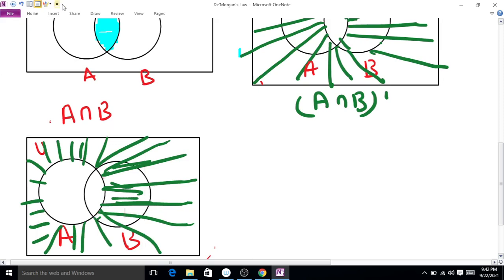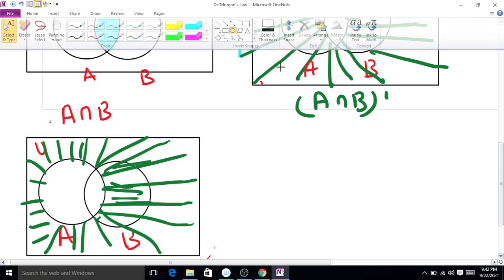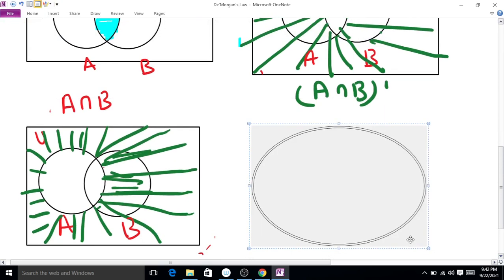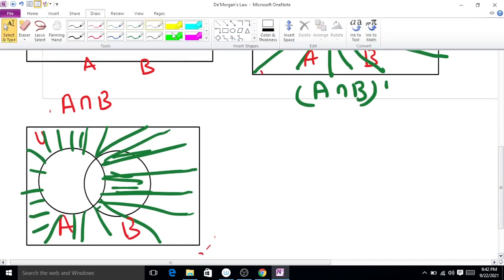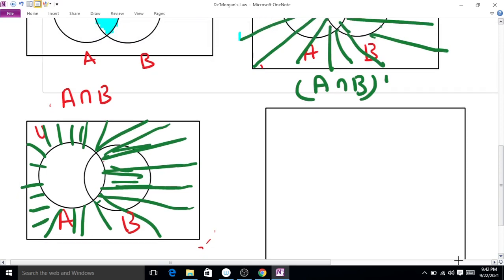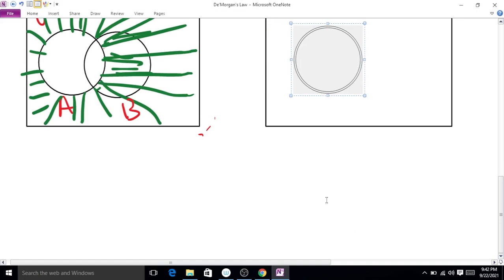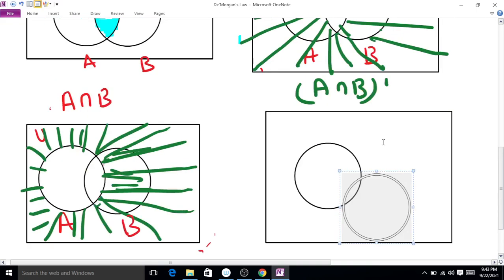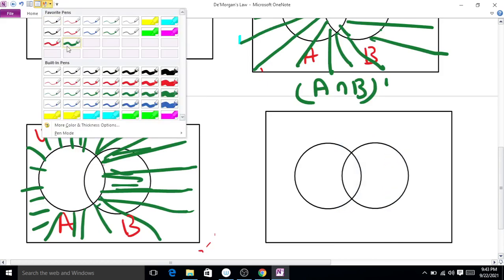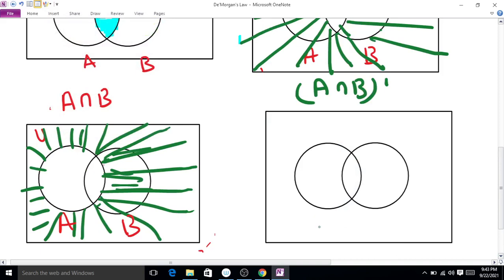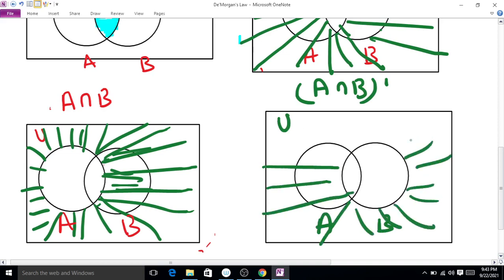Now similarly we want to determine B complement. So this is set A, set B, and this is the universal set. Then this is the B complement, this part is B complement.